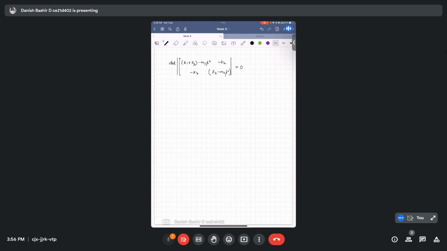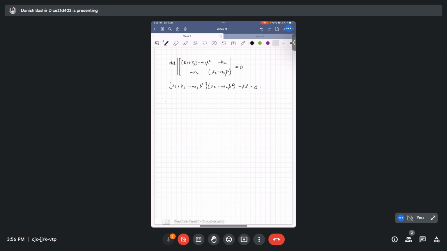So for solving this equation, we will get an equation in quadratic form. If we solve this, we get k1 plus k2 minus m1 p square, times k2 minus m2 p square, minus k2 square, is equal to 0. So it will be a quadratic equation in p square.